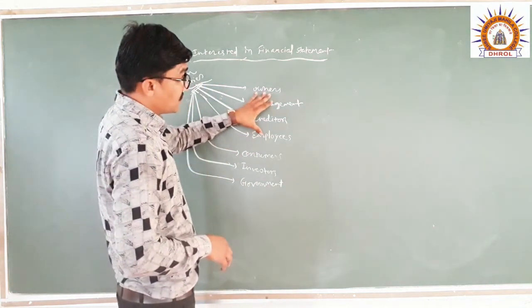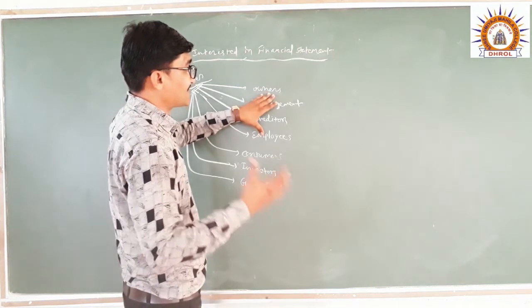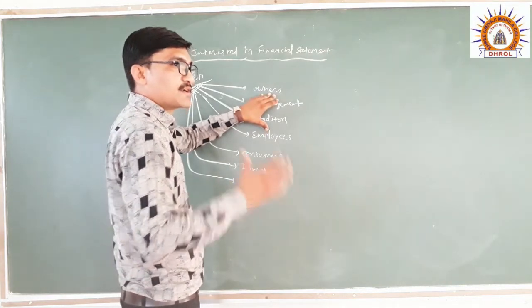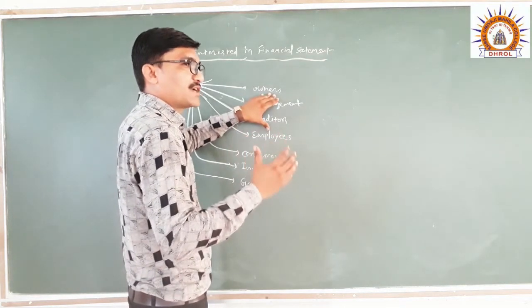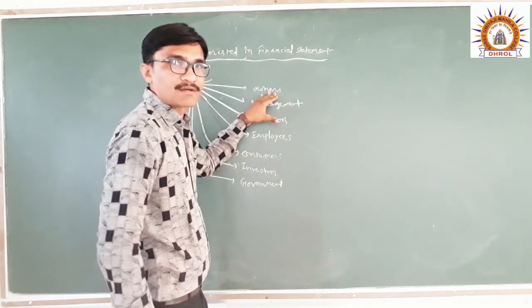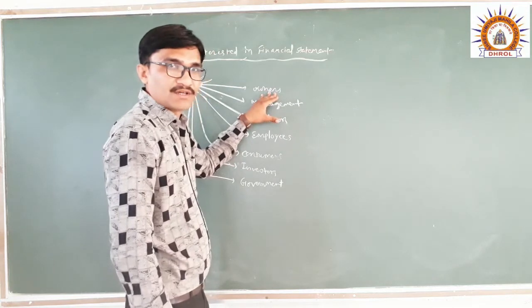The owners want to know about changes in business policy. Suppose owners want to change business policy, so they look at the financial statement, whether it is financially sound or not. For that purpose, the financial statement is very useful to the owners. It helps in decision making, particularly financial decision making, and in changes in the company's policies.